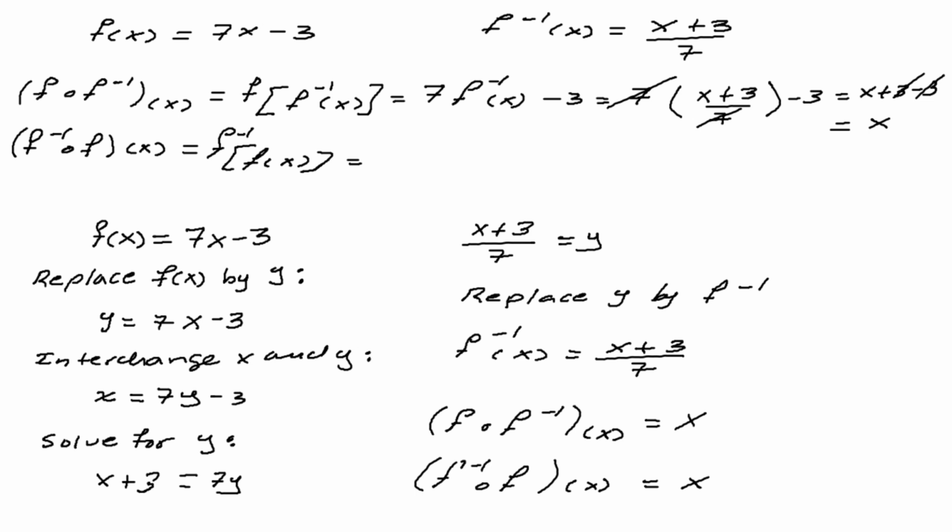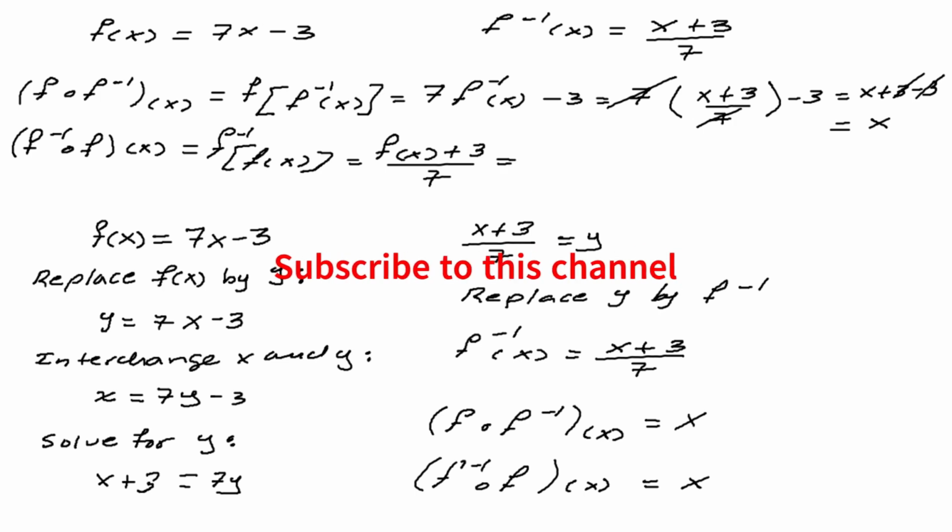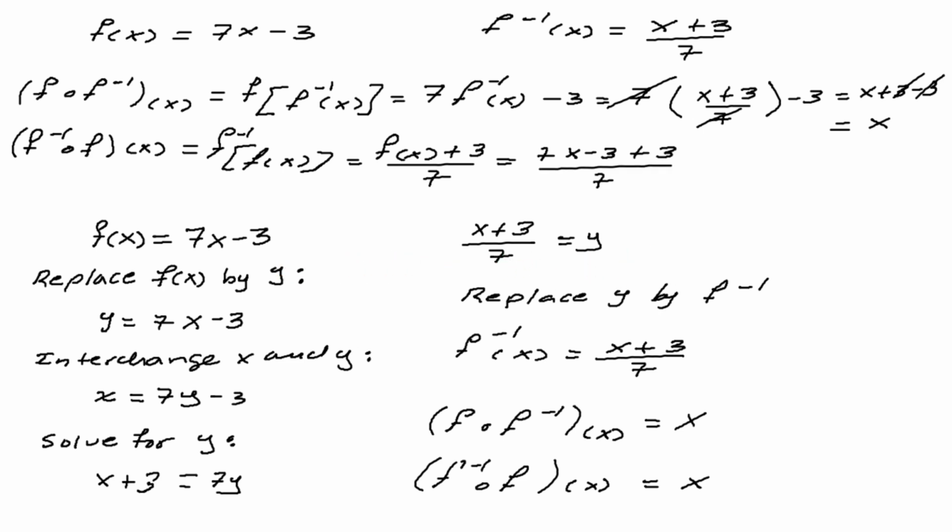So this is the function f of x plus 3 over 7, because I substitute this x by the function f of x. f of x is 7x minus 3, plus 3, now over 7. Negative 3 plus 3 is going to be 0. So we get 7x over 7. The 7 and 7 cancel out. So again, we got x.